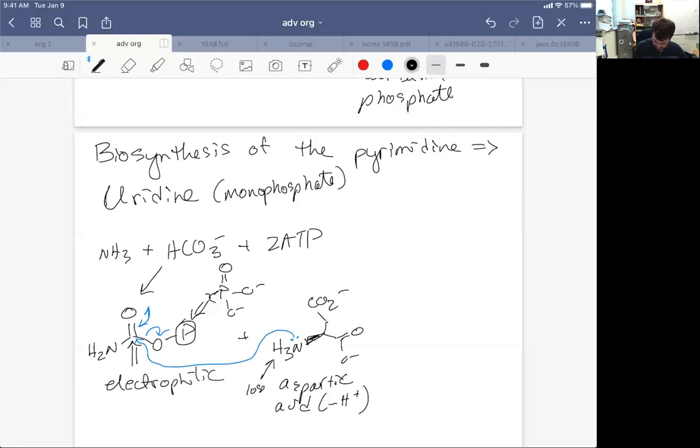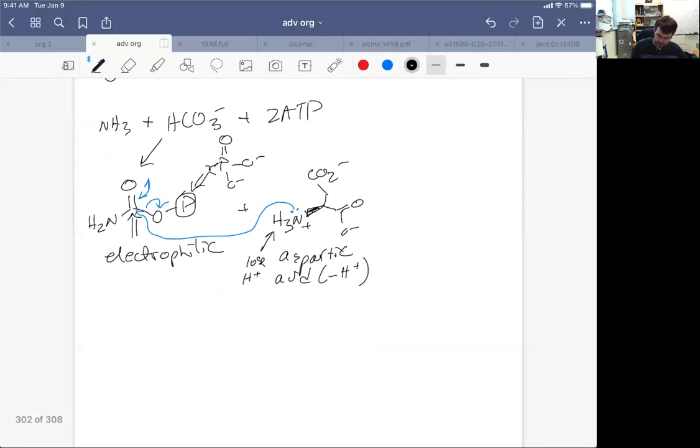So I need to lose an H+ here as well to make that neutral for this to work, because as it stands, it's NH3+. Okay, so that's the way that nature usually makes amides: it has acyl phosphates interact with the amines on amino acids to form an amide. And so in this case, our amide is going to be sort of urea-like.